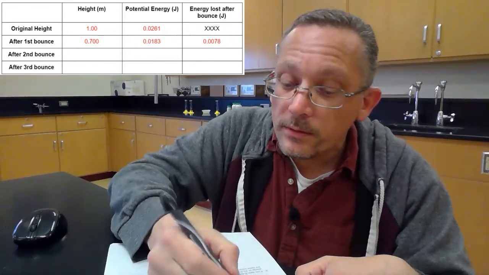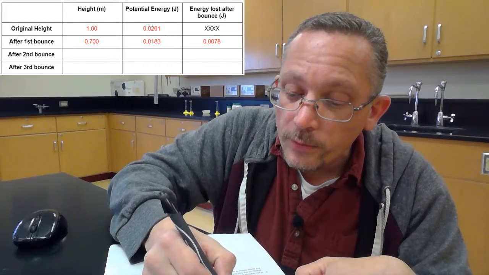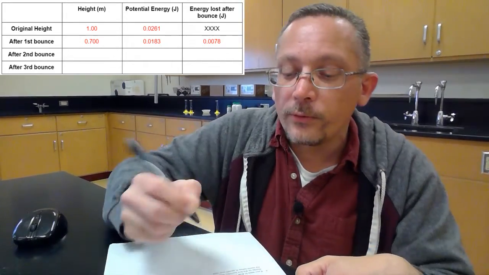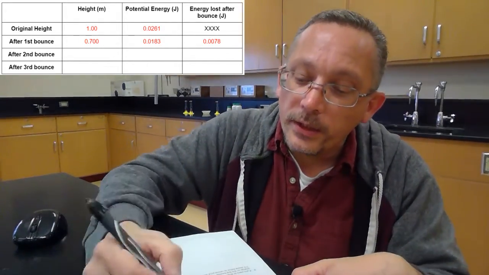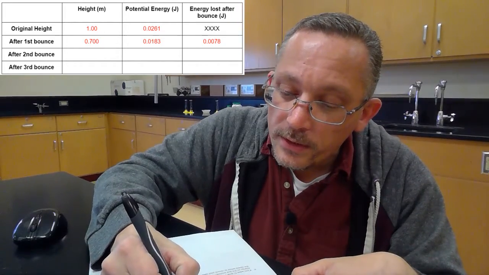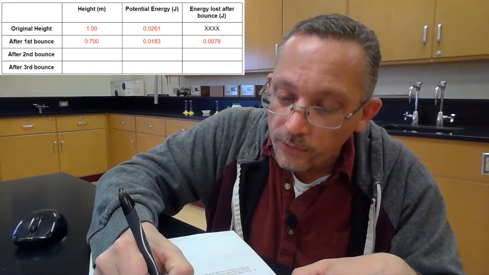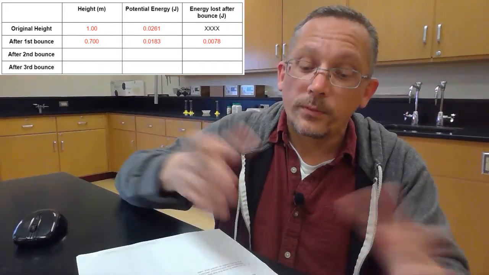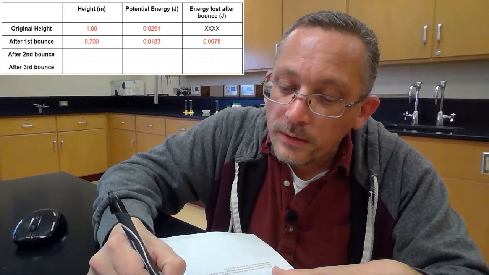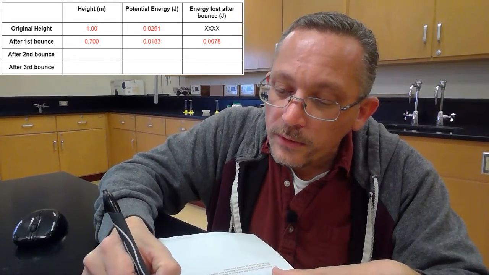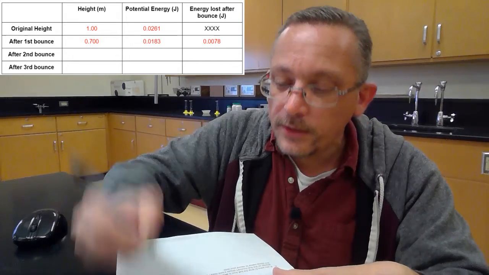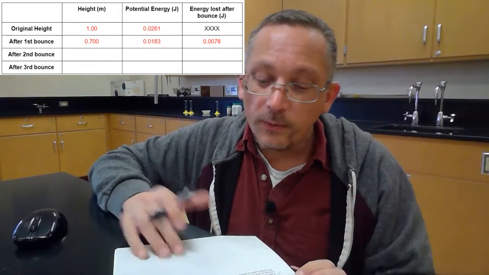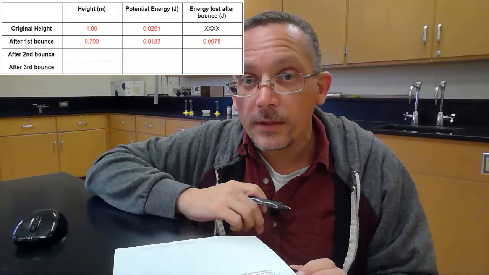After the first bounce, it was at 0.700 meters, and its potential energy was 0.0183 joules. And then it asks us to find the energy lost after that first bounce. We'll subtract. That's just what we did on number 6. So it lost 0.0078 joules.